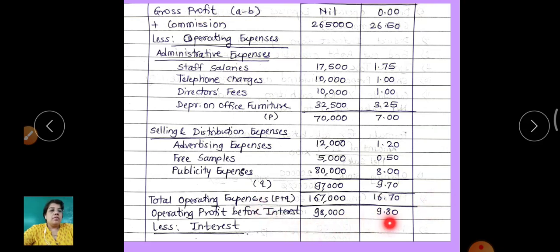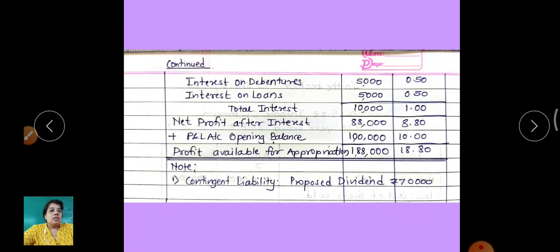Operating profit before interest is 9.80% of the net sales. Interest on debentures is 0.50%, interest on loan also the same. Total interest is 1% of the net sales. Net profit after interest 8.80%. Last year's profit and loss account balance is 10%, and total profit available for appropriation is 18.80%.